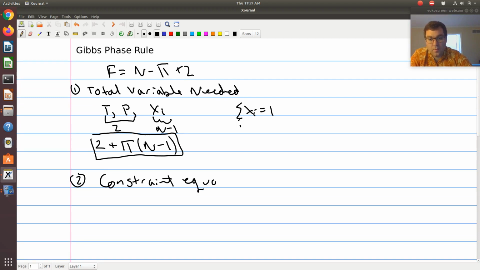Okay, so what do I mean by our constraint equation? Well, our criteria of chemical equilibrium would tell us that the fugacity or chemical potential of each component in each phase has to be equal.